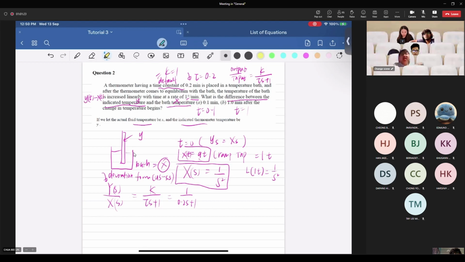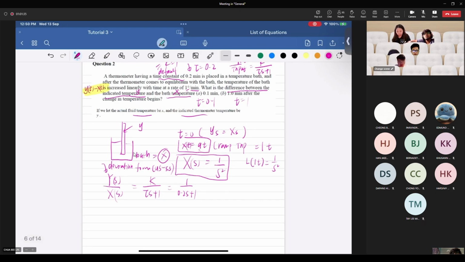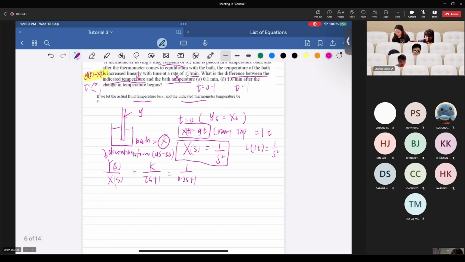So this is the question. They want you to find YT minus XT, the difference between the thermometer reading and the water bath reading, at T equals two values, 0.1 and also 1. So we will do the first one.